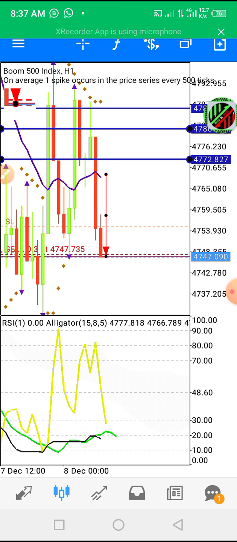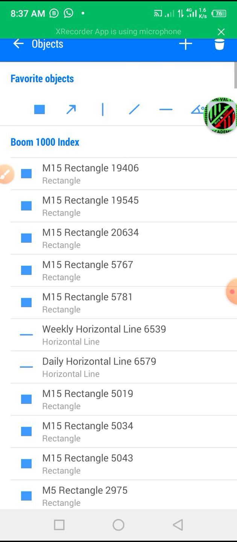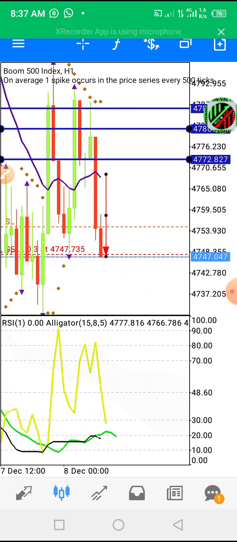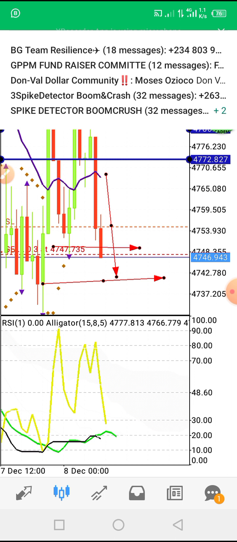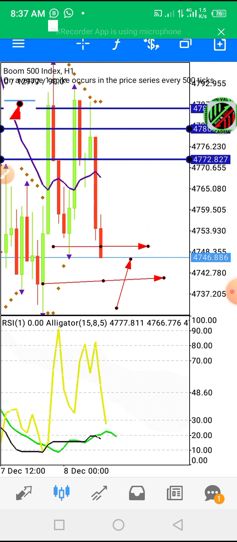So the take profit should be in front of that market, where the market is pushing to, so that if the price jams it, it will stop. The stop loss should be above, behind the price of the market, so that if the price wants to spike and jam this one, it will stop. So that's the psychology behind take profit and stop loss.